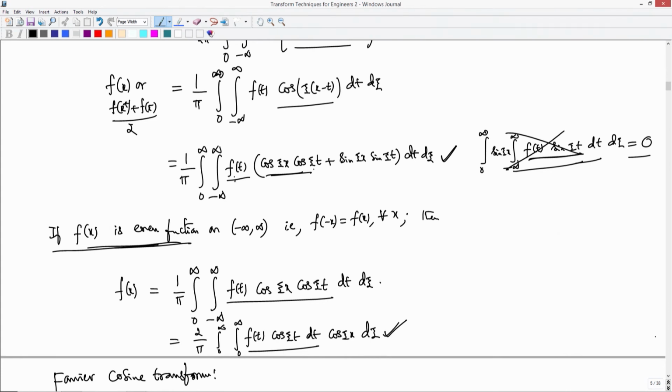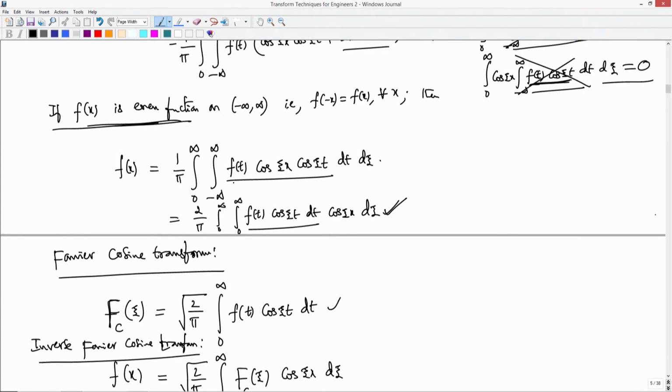So, like before, from 0 to infinity you have cos(xi x) coming out, and the integral from minus infinity to infinity of f(t) cos(xi t) dt d xi. Because f is odd and cos(xi t) is even, together this integrand is odd, so this part is 0. The contribution comes only from the second term now.